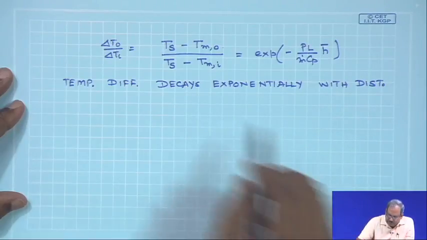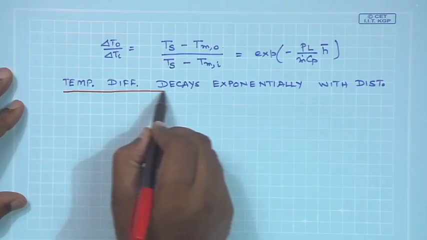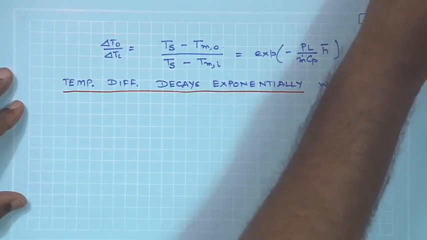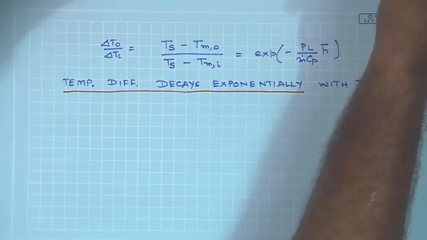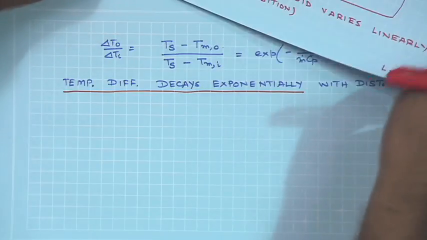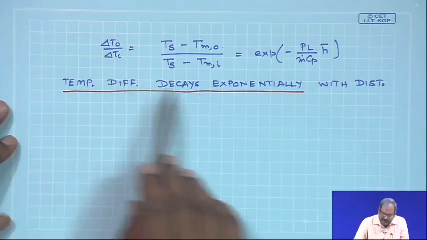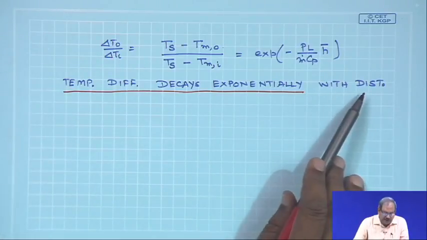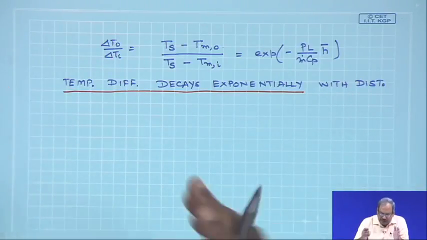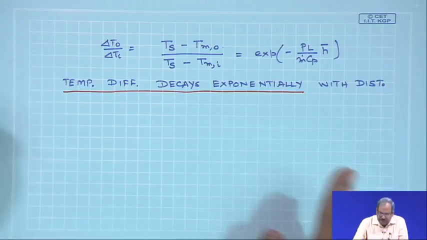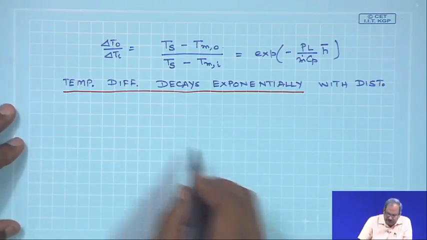The important observation from here is that, unlike the previous case of constant surface heat flux, where the mean temperature of the fluid varies linearly with x, what we get here is that the temperature difference decays exponentially with x. That is the difference between a constant surface heat flux and a constant surface temperature condition.